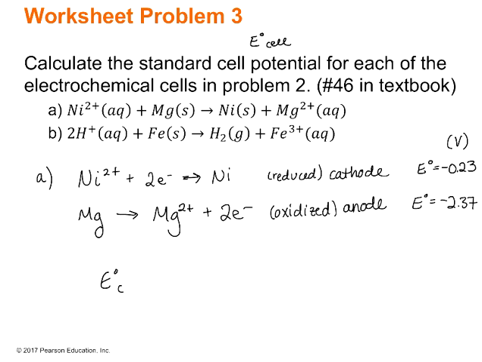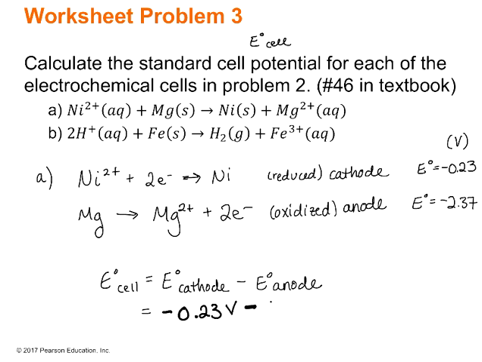So remember, our equation for E cell is equal to the potential of the cathode minus the potential of the anode. All right, so the cathode was nickel, so we'll put in negative 0.23 volts.